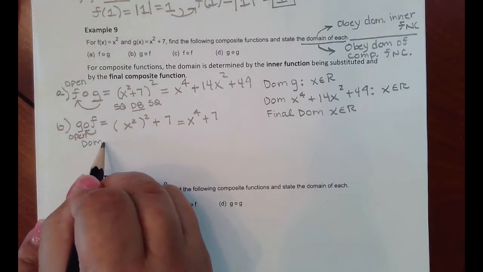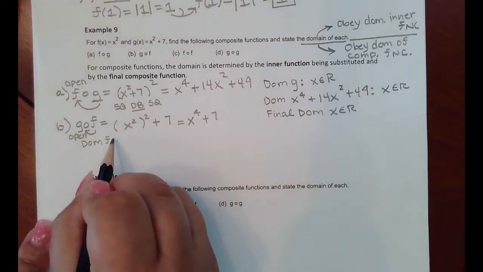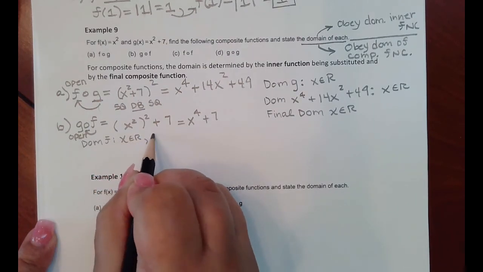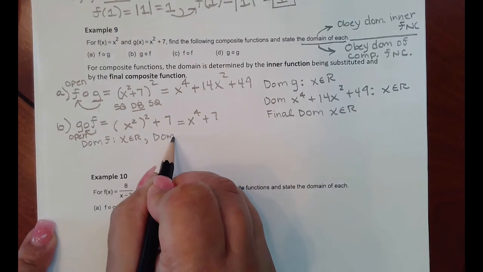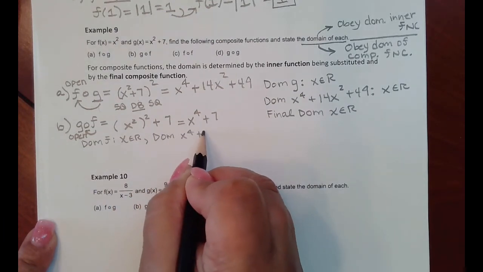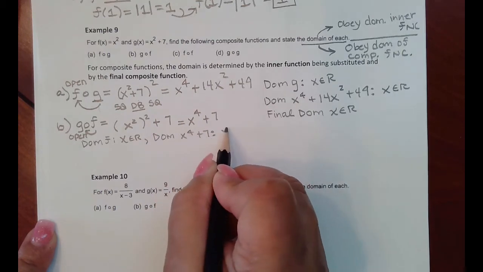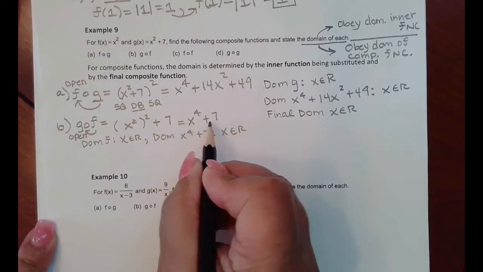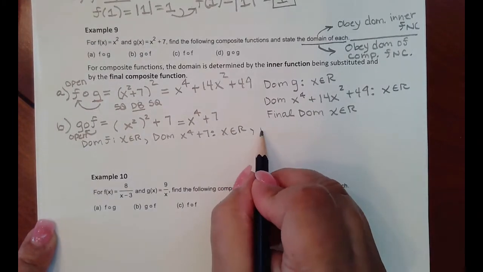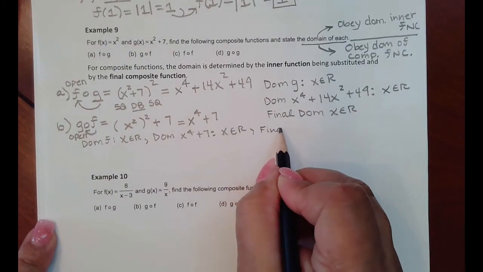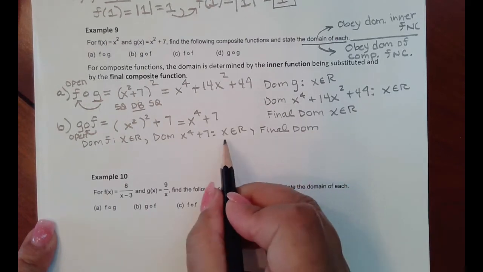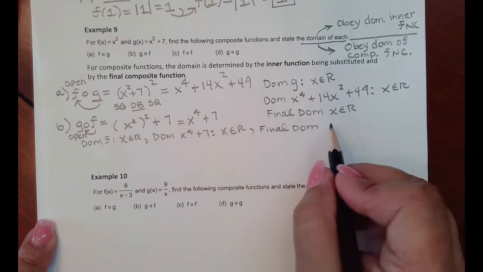The domain of that inner function, all real numbers. The domain of the newly composed function, which is this x to the fourth plus 7, that's also all real numbers because it's a polynomial that's not a radical or a fraction. So in the end, final domain for part B, all real numbers. There are absolutely no restrictions here, no restrictions here.